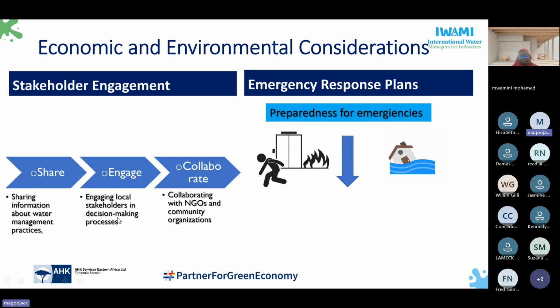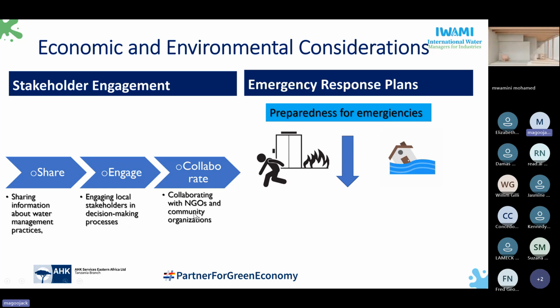The second way is by engaging. Here, we must also engage the local stakeholders at some points of the decision-making processes. Maybe if you want to use certain wastewater treatment plants, or you expect that you will be discharging water that has been treated to a level that can be used for irrigation purposes and whatever, once you engage local people, you can be in a position maybe to allow them to use such water for their other uses.